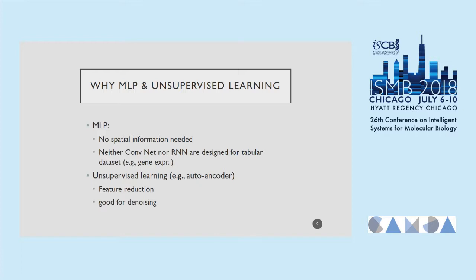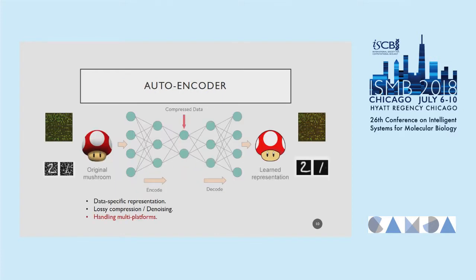That means our model will not be that prone to overfitting. And also, the unsupervised learning is good at denoising. I will show you in a minute. And since the microarray data has a lot of people criticizing it for the noise in it, that's why we use unsupervised learning here.